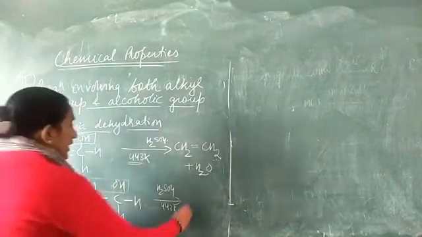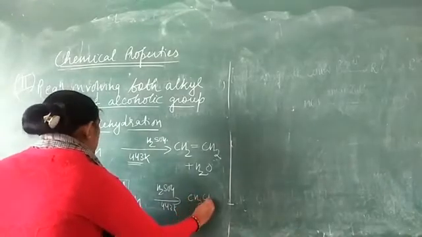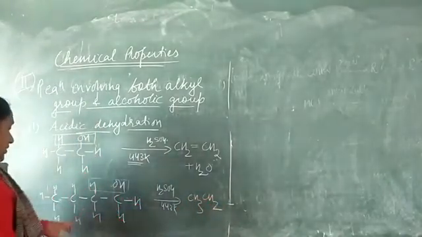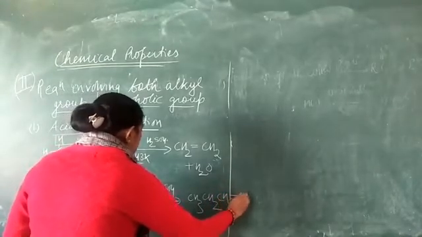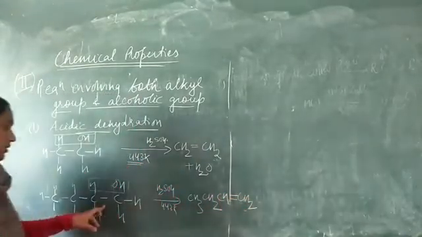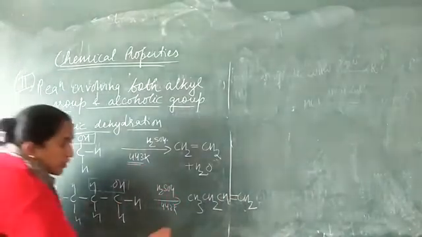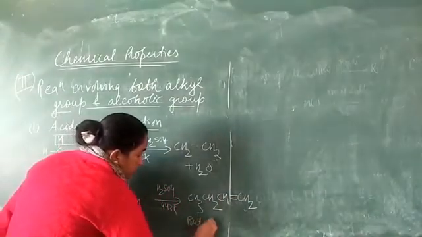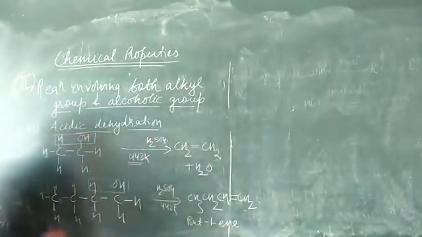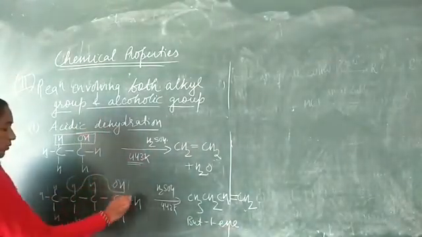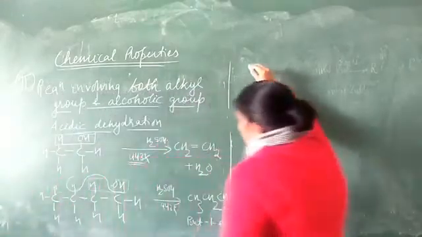That time we will get CH3CH2CH=CH2. This is the first product, that is but-1-ene.